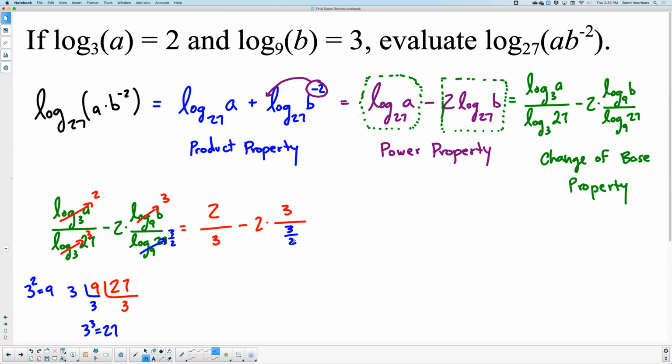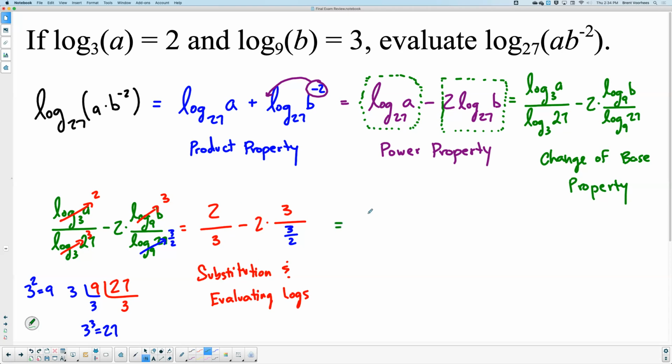Now, all that was substitution and evaluating logs. That's all that was right there in red. Now let's just simplify to get our answer.